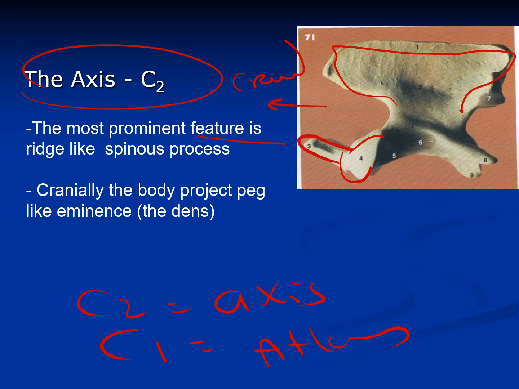This is cranial. This we call the dens. Typically, cervical vertebrae from C3 to C7 will not have this structure, nor does the C1.